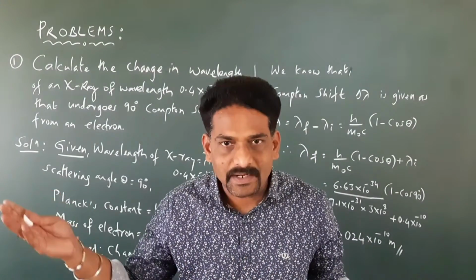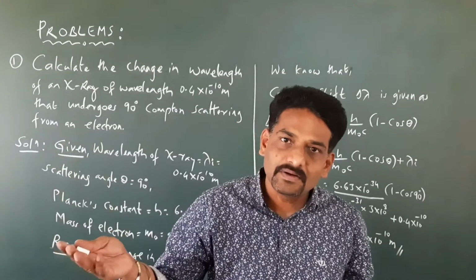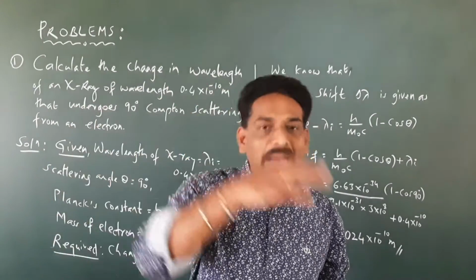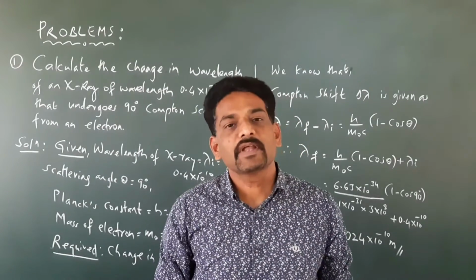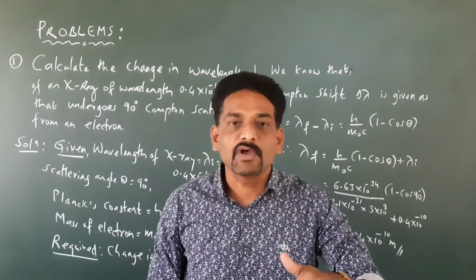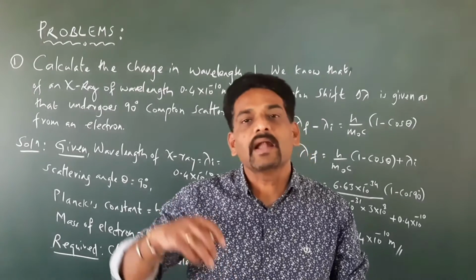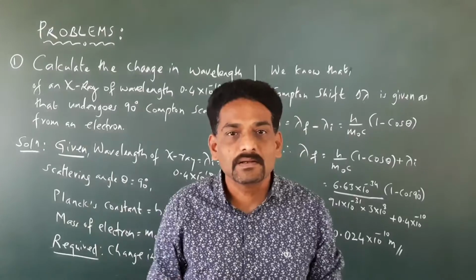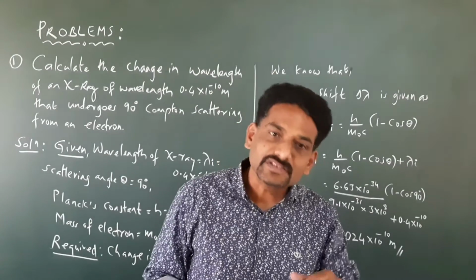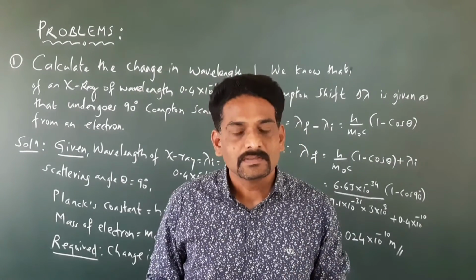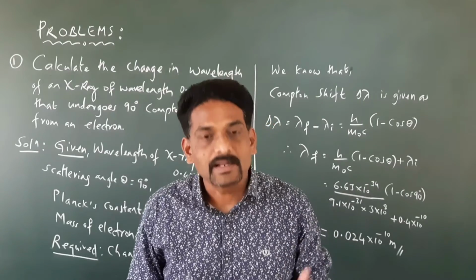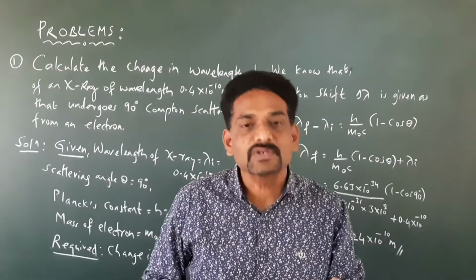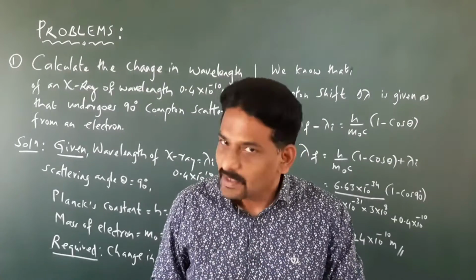It undergoes scattering and the scattered wavelength is going to be more than that of the incident one. If we take lambda i as the wavelength of the incident light and lambda f as the wavelength of the scattered photon, then the change in the two wavelengths, that is delta lambda equals lambda f minus lambda i, is what is known as Compton shift.